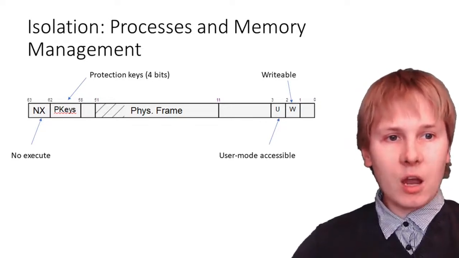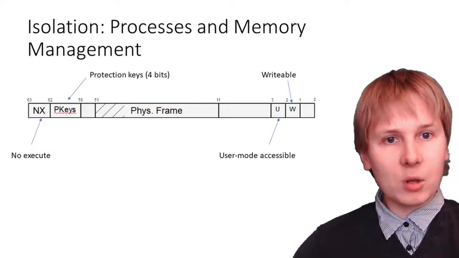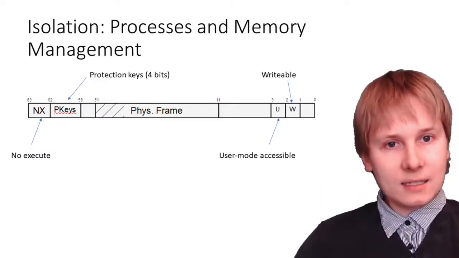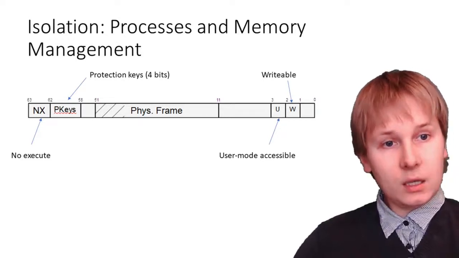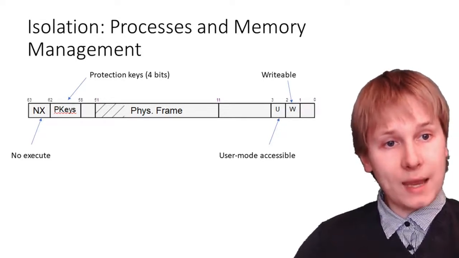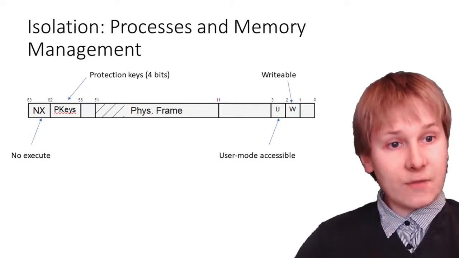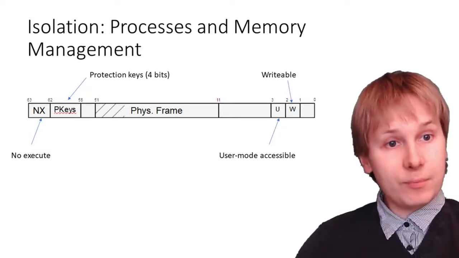And the structure in that page table looks a little bit like this. What you get is a 64-bit word that translates each 4K virtual page to a 4K physical frame. And you have several different permission bits that can be set for each page within each process.